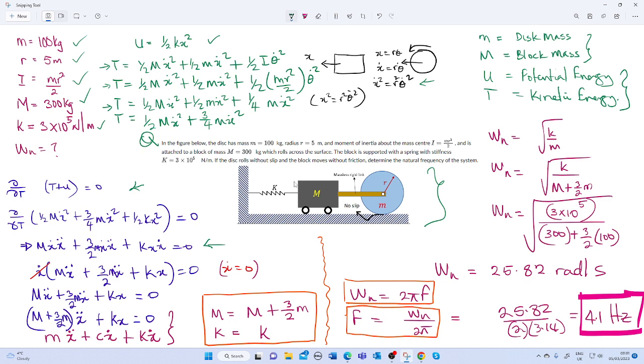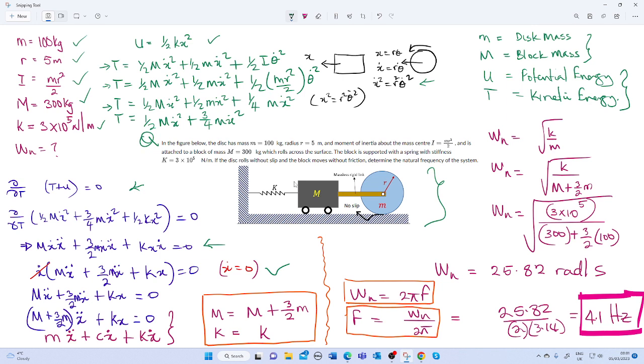So by pulling out s dot from the equation, we have s dot into bracket M s dot dot plus 3 over 2 m s dot dot plus k s. And knowing fully well that our s dot does not equal 0 here, therefore we have M s dot dot plus 3 over 2 m s dot dot plus k s. So by pulling out our s dot dot outside bracket, we have big M plus 3 over 2 small m in bracket, times s dot dot, plus k s equals 0.